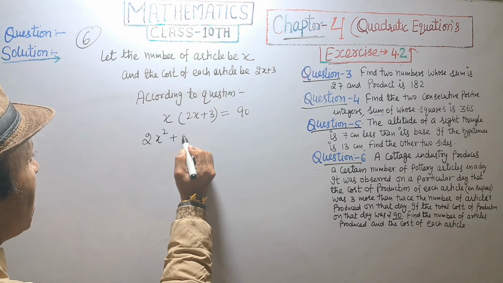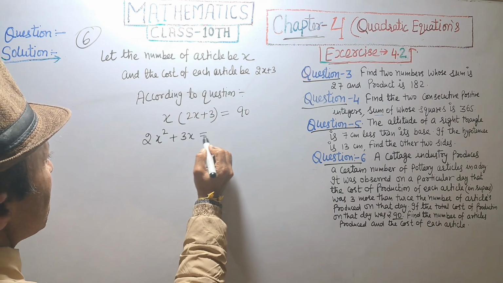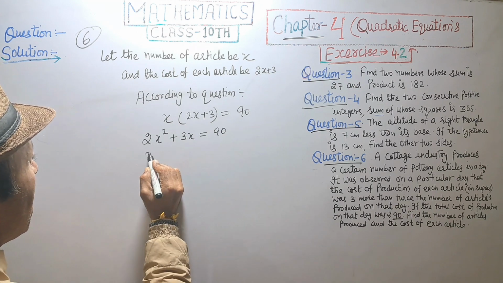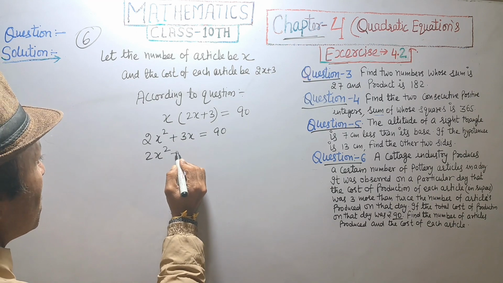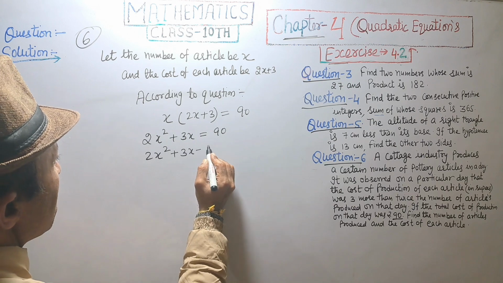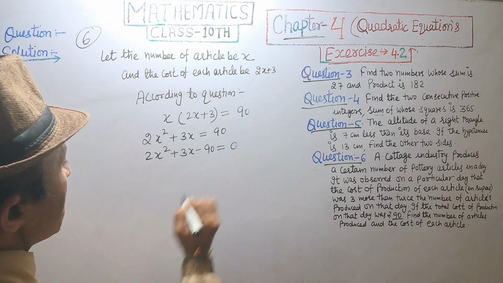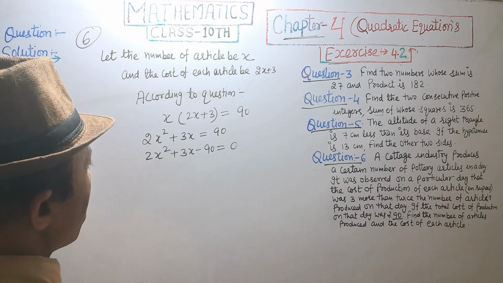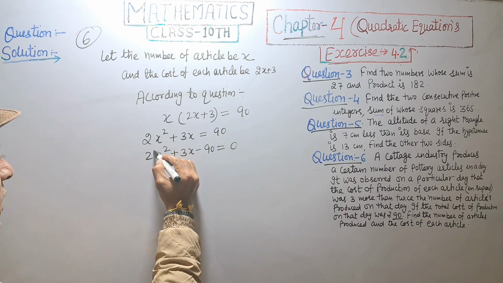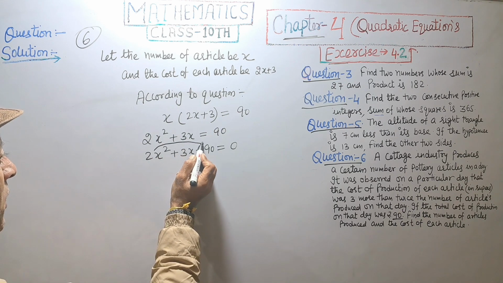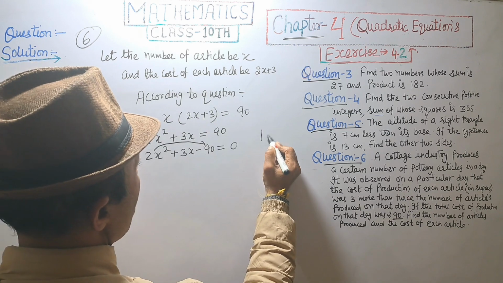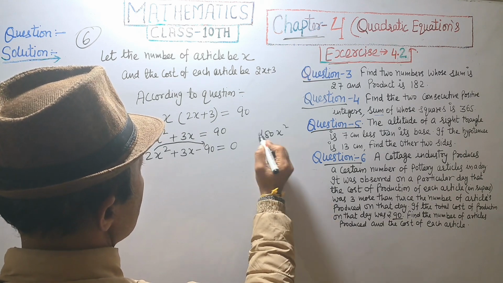2x square plus 3x is equal to 90. 2x square plus 3x minus 90 is equal to 0. And it's a quadratic equation. Splitting the middle term, 90 2s are 180x square, negative.